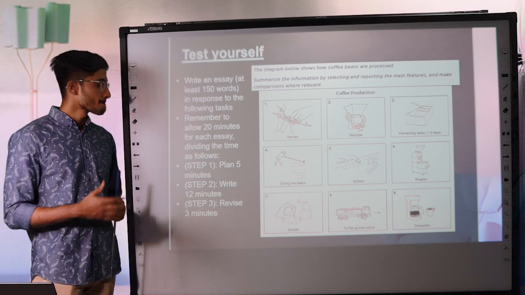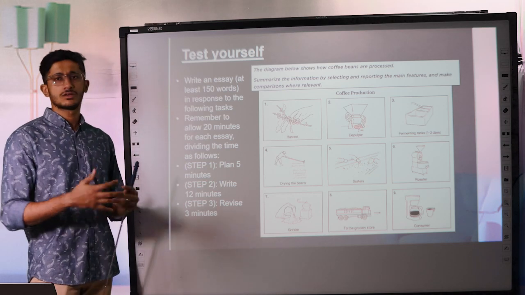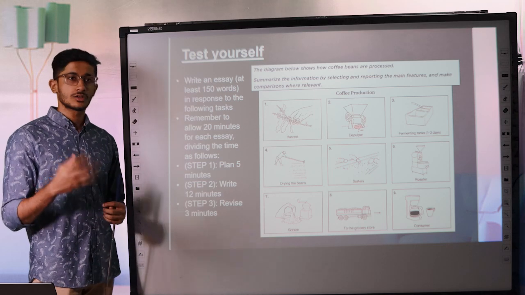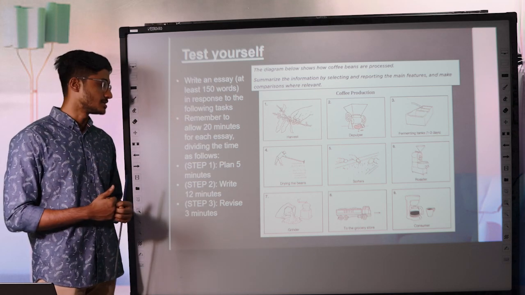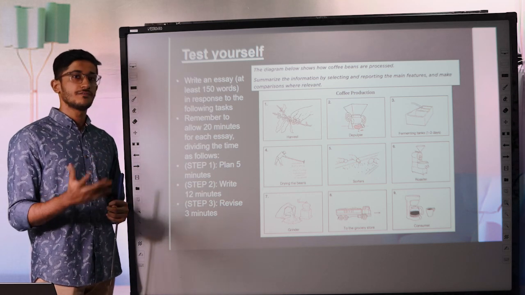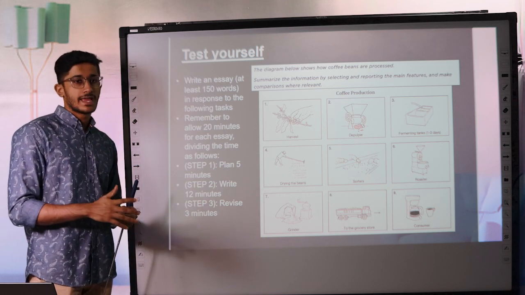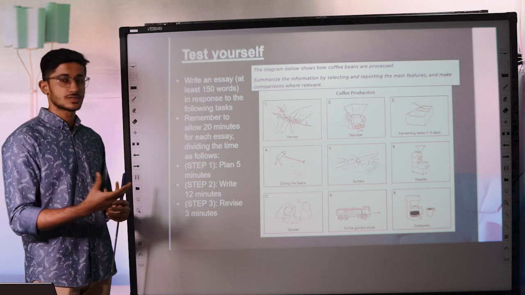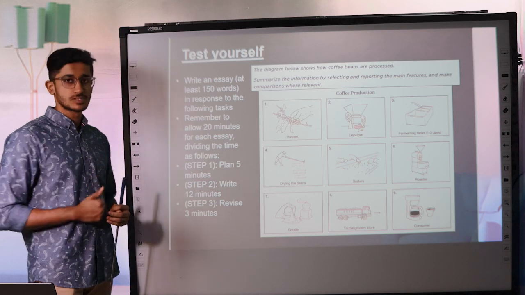For example, if you don't time yourself and you take as long as you want to write this Task-1, you're not going to be assessing yourself accurately. So it is very important that you time yourself, and then you see whether you can finish it within 20 minutes or not. And if you can't, then you must work on your pace. So this is just a refreshing activity, and I hope this will help you.